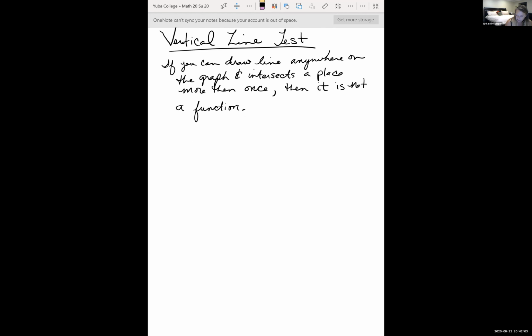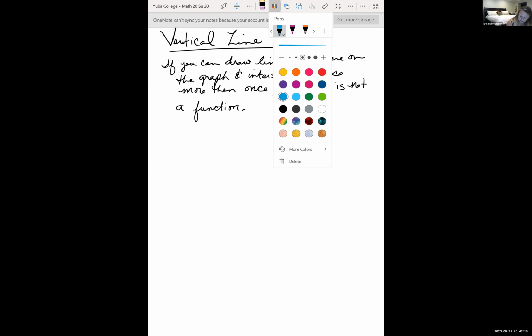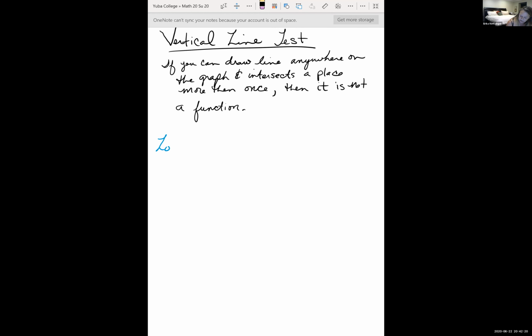And so looking at an equation and determining the domain, you're going to look for trouble spots.